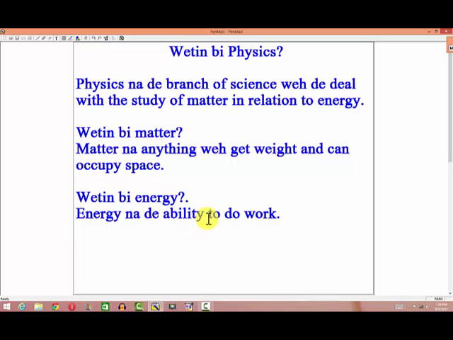That is the power where you get, you take do work. Like you push something, you run. The power and the ability where you take do that na energy. So it's defined as the ability to do work, according to the English definition.